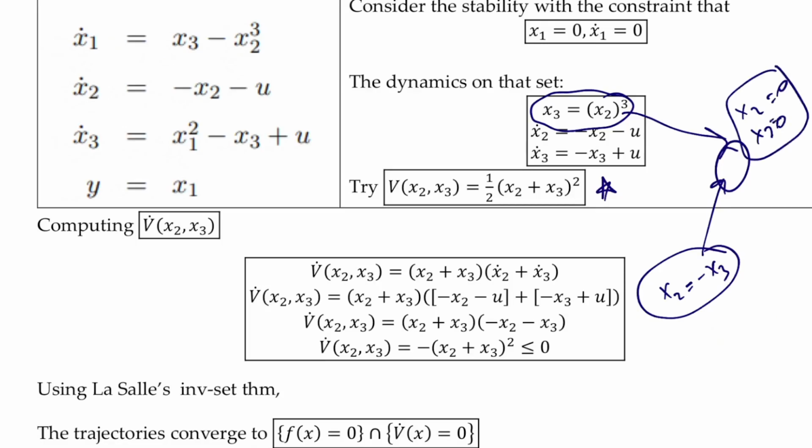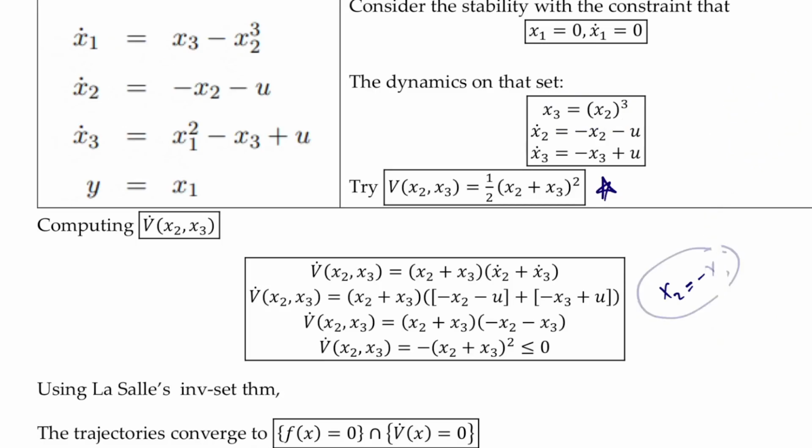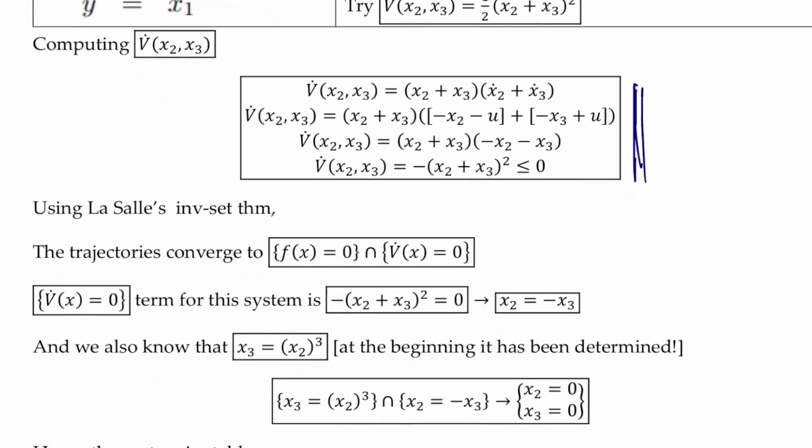Okay, and by using LaSalle's, I will talk about that in a moment. All right, so far we have V and V dot. It is agreeable, right?